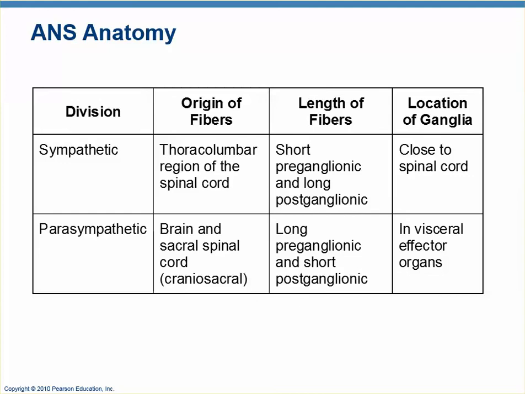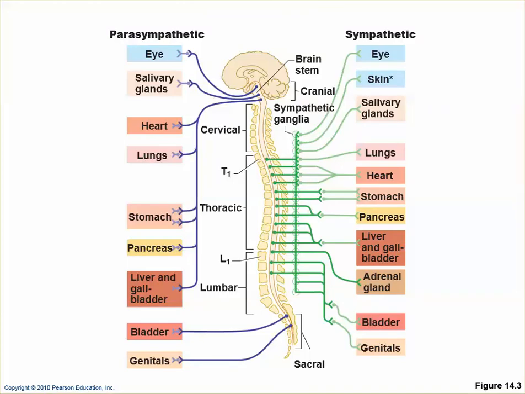Long and short. Looks like this. Sympathetic in green, parasympathetic in purple. This cranial nerve here is the vagus nerve, and it does a lot of things.